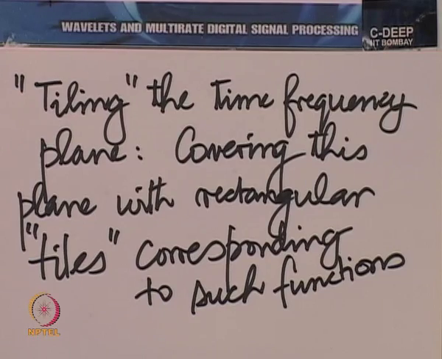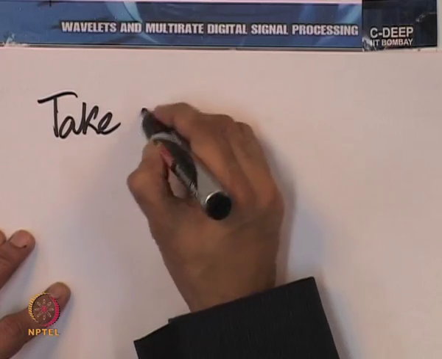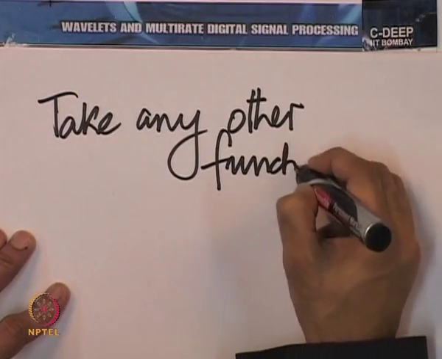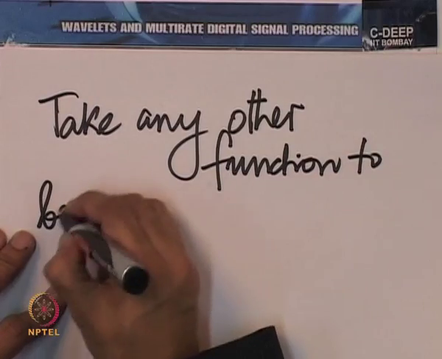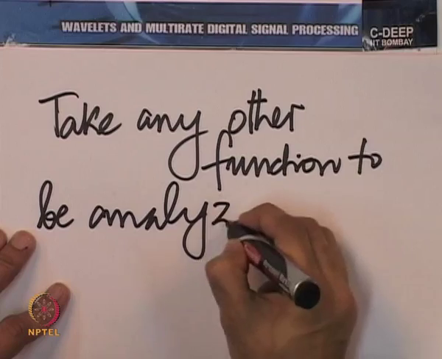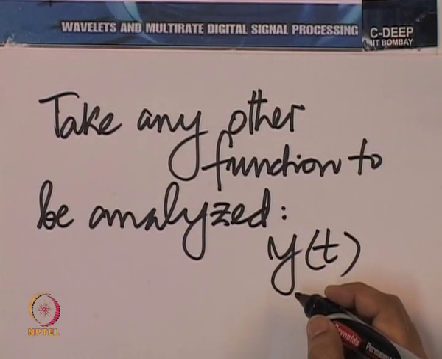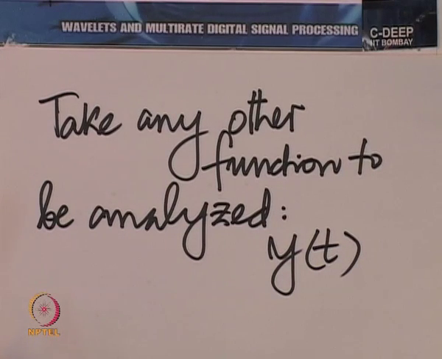And what we are essentially saying is that when we take the dot product of such a function, let's be specific. So, when we take any other function to be analyzed, let us say y of t, and let this tool function, so to speak, be x of t.